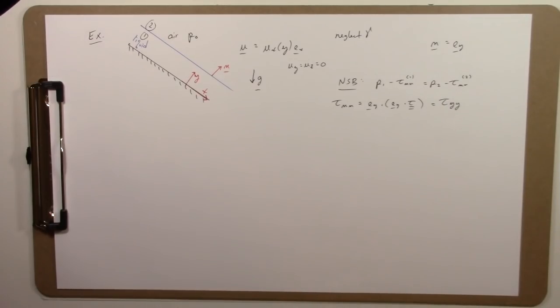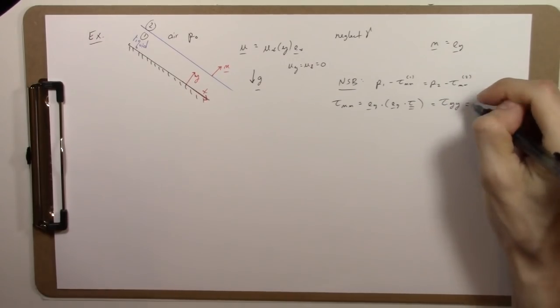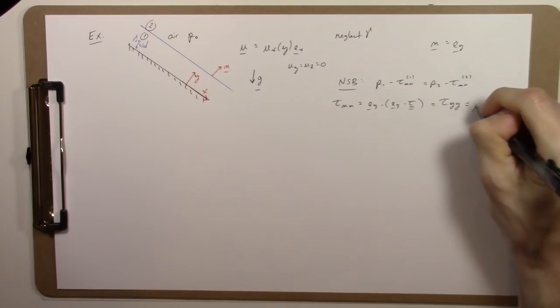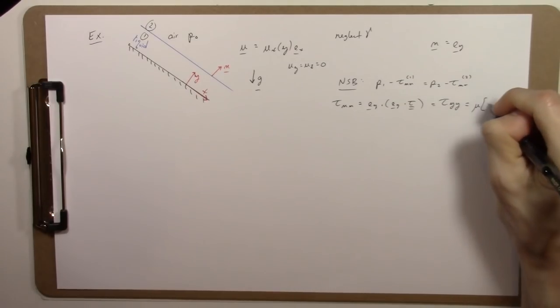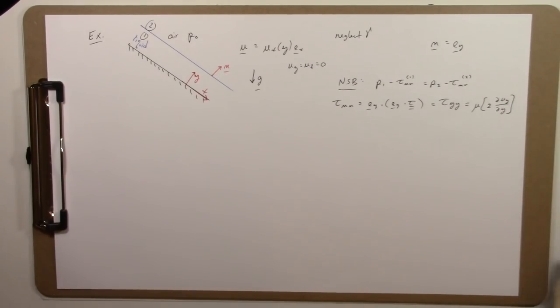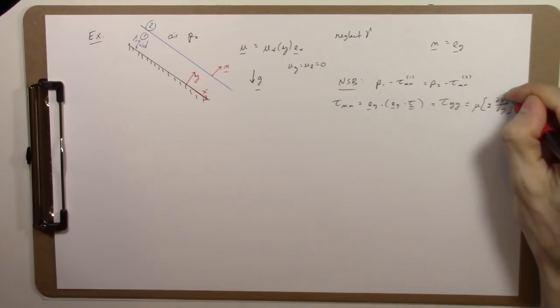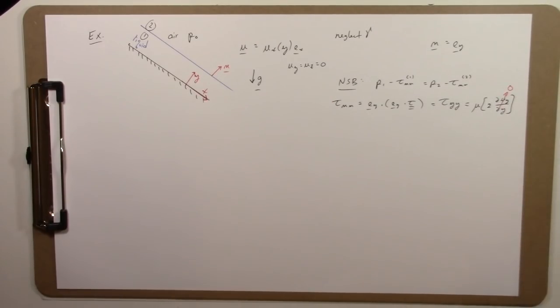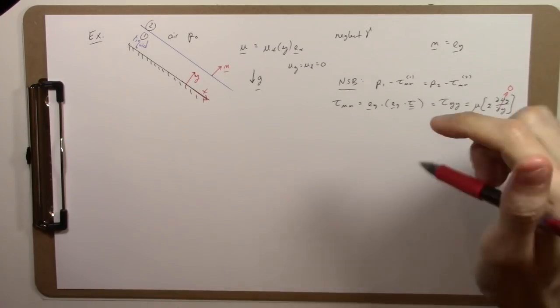We can look this up in an appendix of your favorite textbook, for example, Bird, Stewart, Lightfoot, Appendix B1. We find that tau yy is equal to mu times 2 d uy dy. Well, uy is equal to 0. So that's equal to 0. And tau yy is equal to 0 in both of these terms.